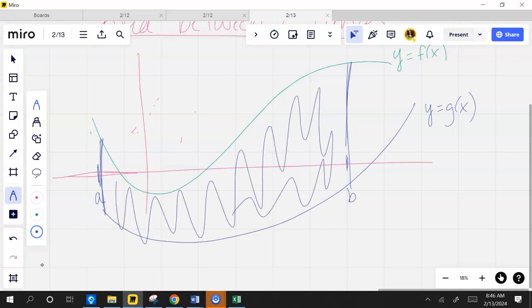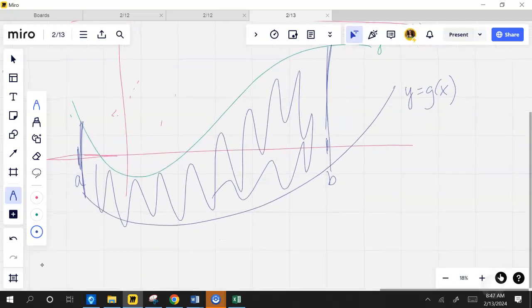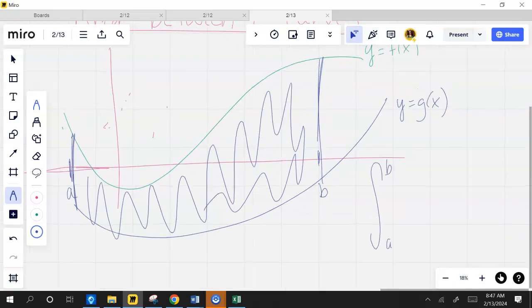In a nutshell, I'm going to go from A to B, and then you always do top curve minus bottom curve.